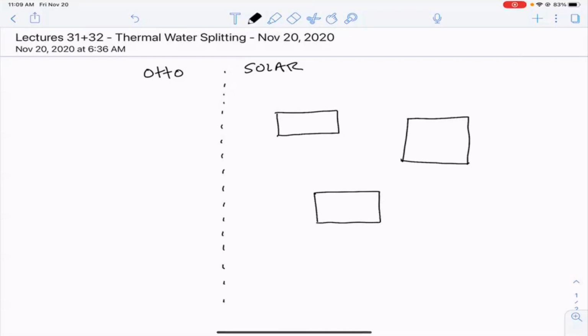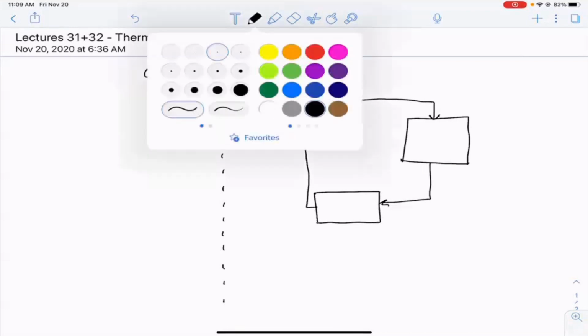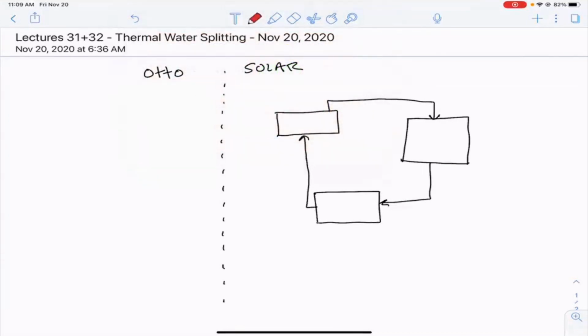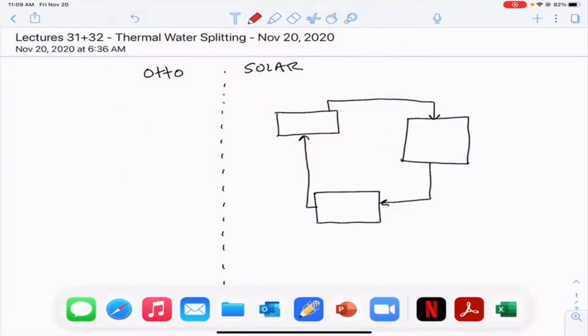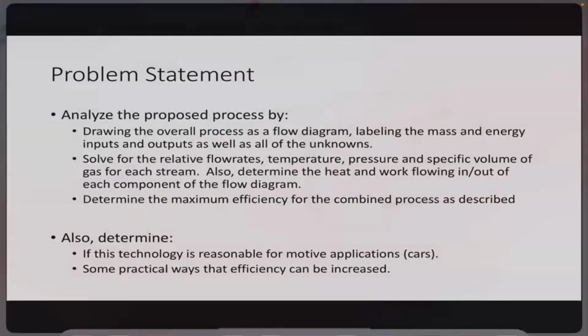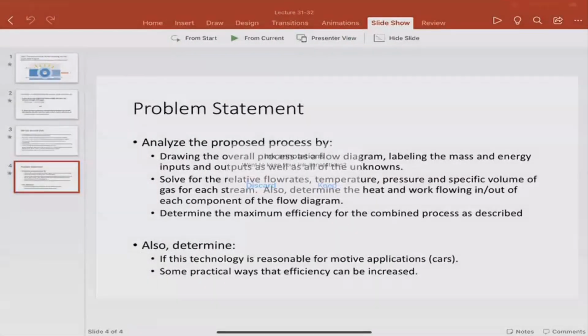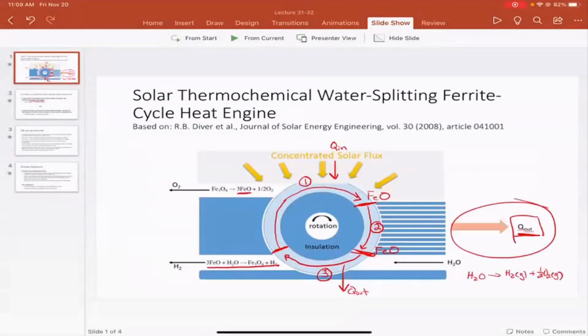And so we're going to flow in this direction and to here. Okay. And when I think about this, the solar part is the stage here in the top left, just like was drawn on this slide up here.